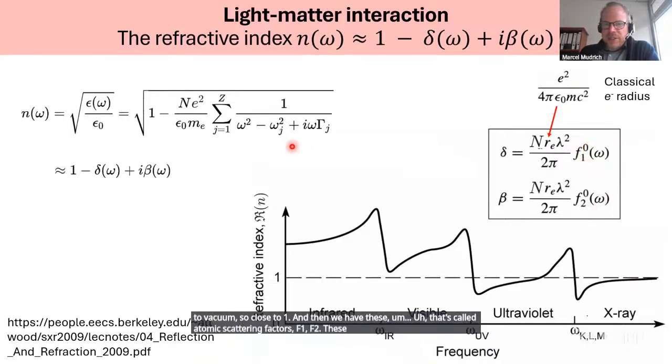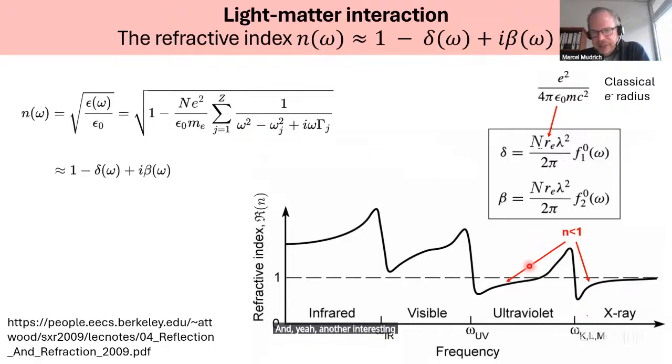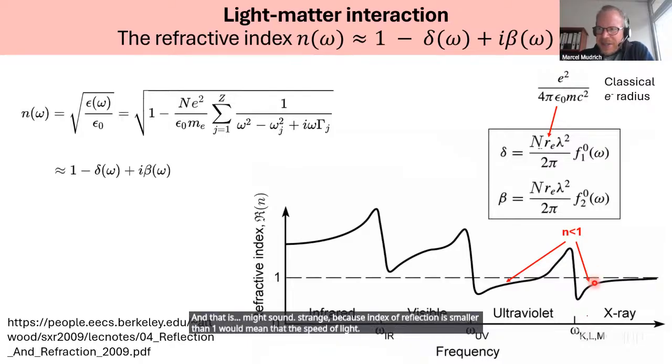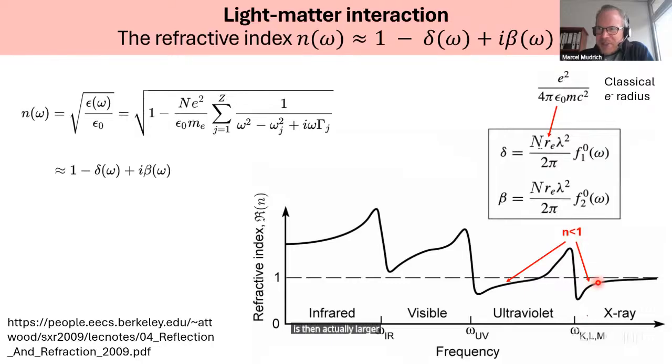These contain the resonance terms. Another interesting detail is that the index of refraction in the UV, but mostly in the X-ray, can actually become smaller than 1. That might sound strange, because an index of refraction smaller than 1 would mean that the speed of light in the material is larger than the speed of light in vacuum, right?